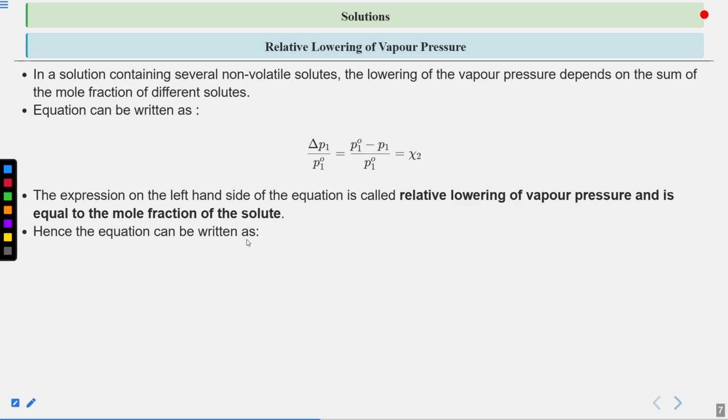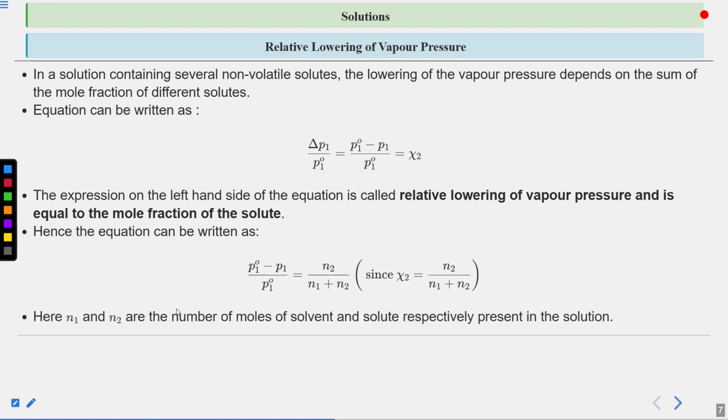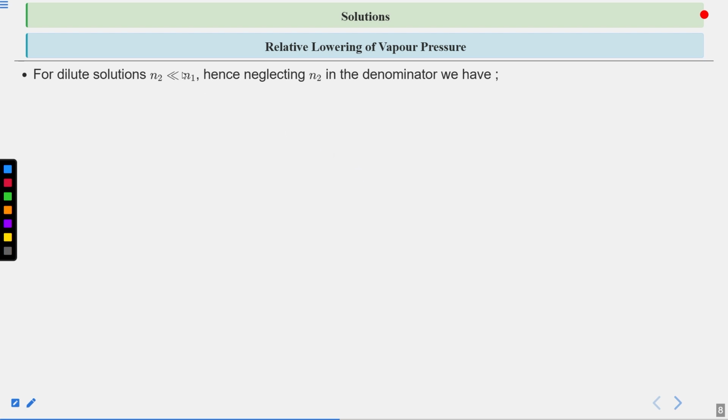Next, our equation can be written as, for the mole fraction chi 2, the number of moles of the solute divided by the total number of moles. This is the formula for the mole fraction. Now, moving on further, we know that the solvent's concentration is very high. So this law is true for dilute solutions.